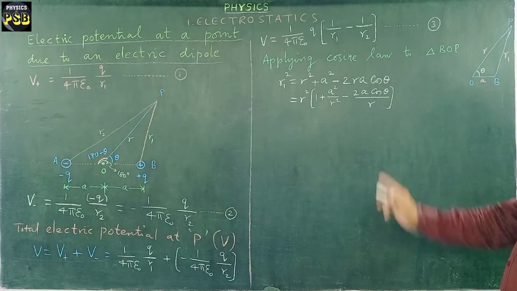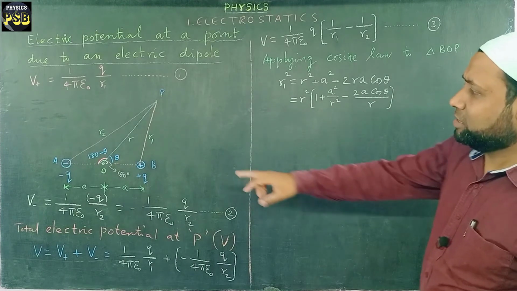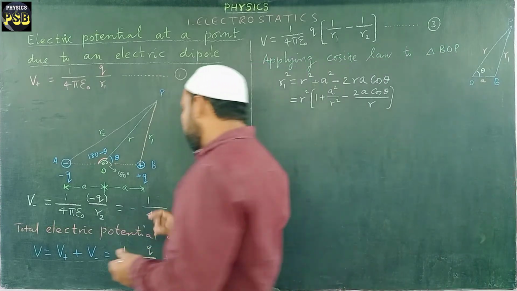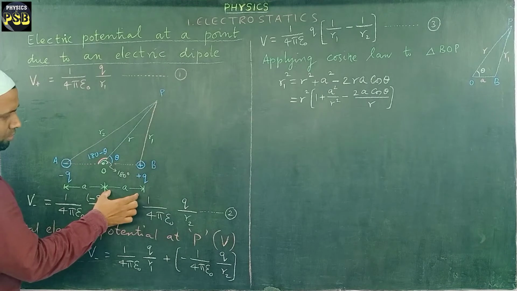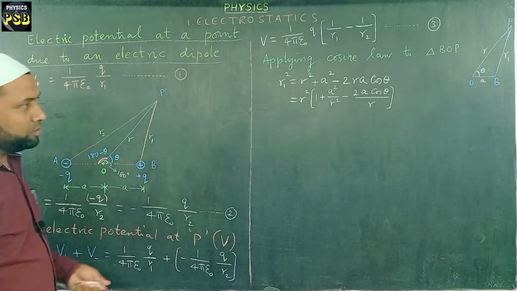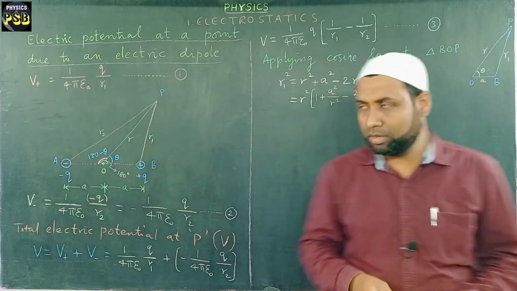After that, if you look at the diagram, it is clear that the value of a is very much smaller than r.